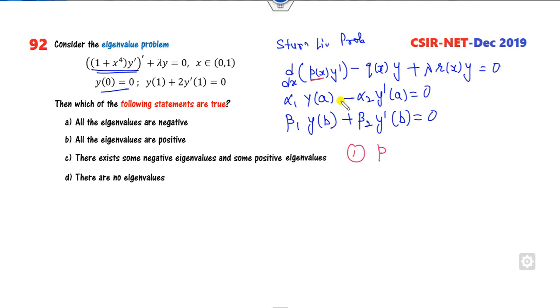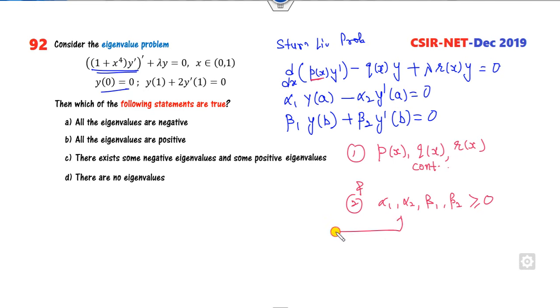If p(x), q(x), r(x) are all continuous, and second, if α1, α2, β1 and β2 are all greater than or equal to 0, then the eigenvalues are all positive. There is a simple shortcut trick for you.